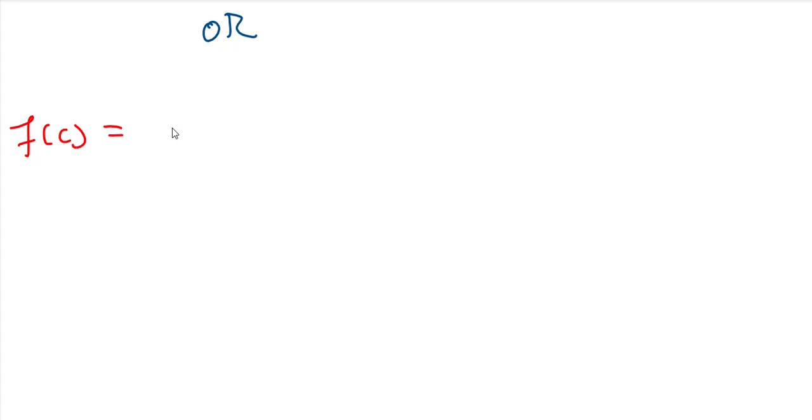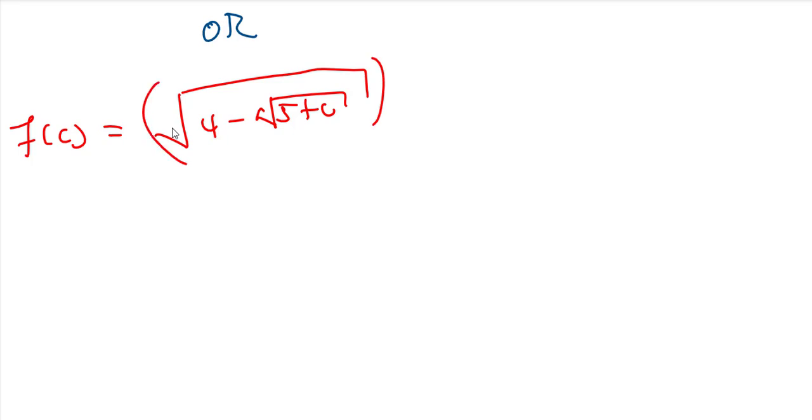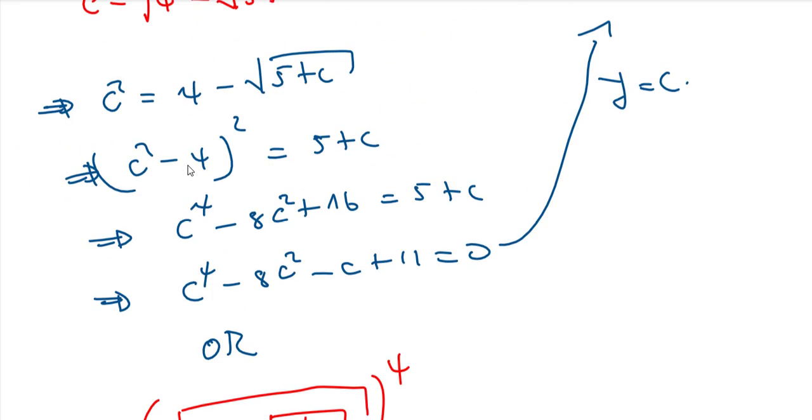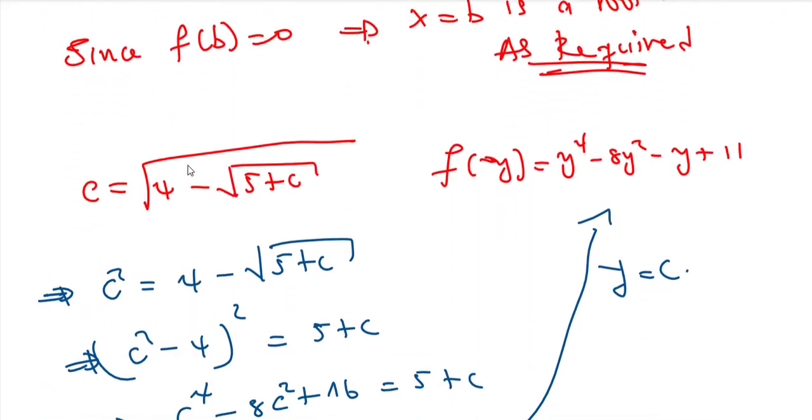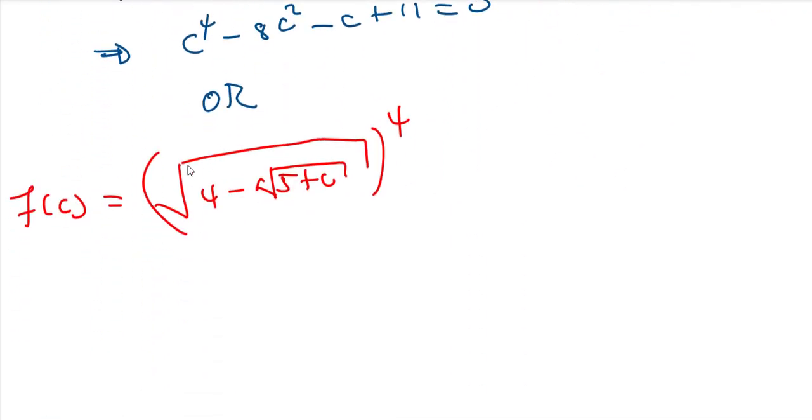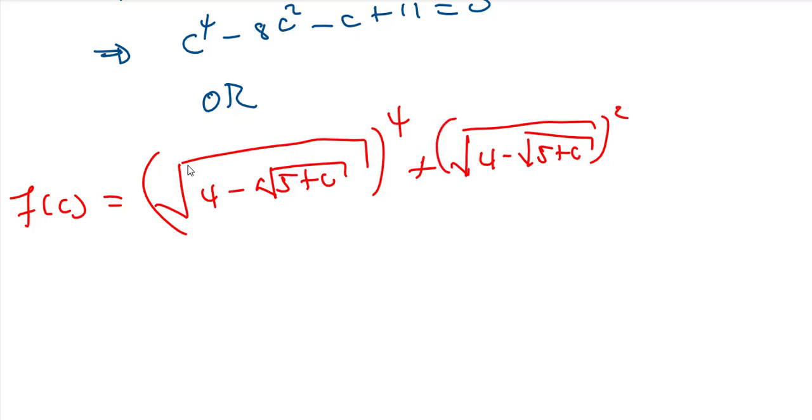So f of c will be equal to the square root of 4 minus square root of 5 plus c, all of this raised to the power 4, plus the square root of 4 minus 5 plus c, all of this squared.